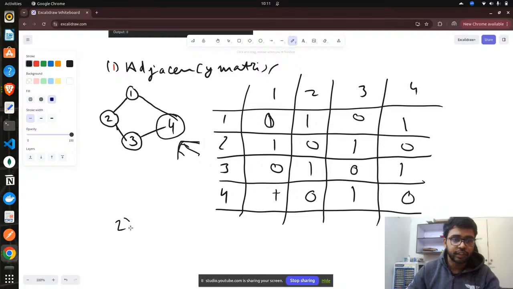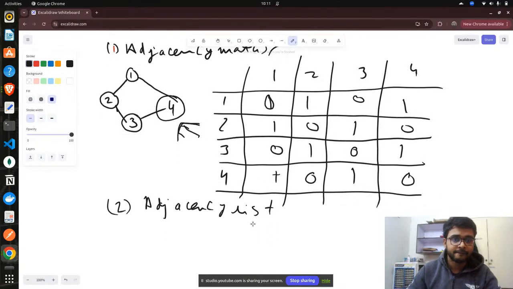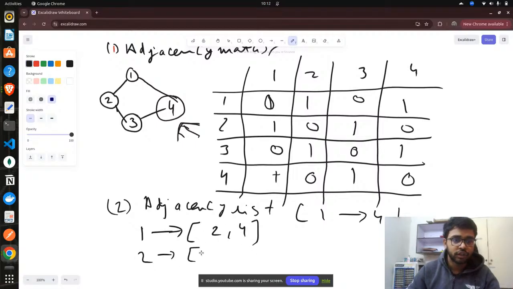And the second way is adjacency list. With node 1, we will store the neighbors of 1, so we will store 2 and 4 here. In 2 we will store 3 and 1. With 3 we will store 2 and 4.